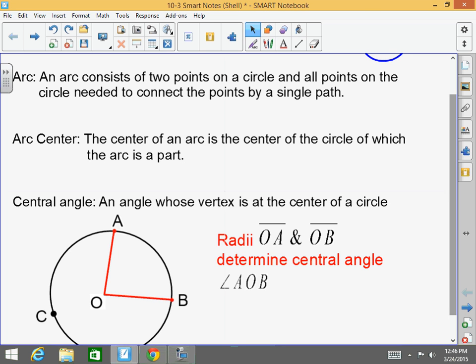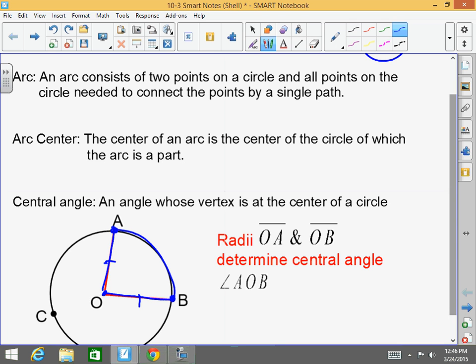So in this particular case, we have circle O, and we have radii OA and radii OB. The central angle here is angle AOB. This central angle, when you connect it on the circle itself, creates this arc AB.